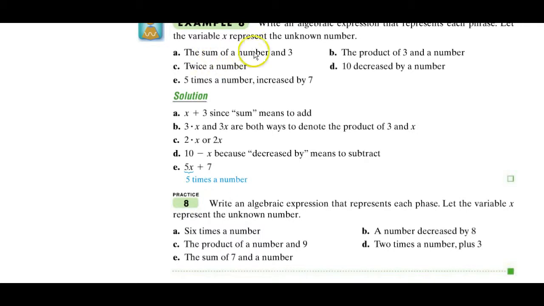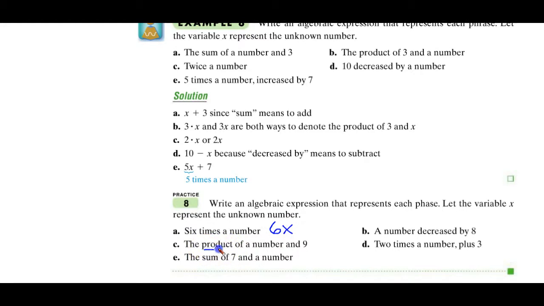So the sum of a number and 3, and they want us to use x for the variable. That's important because sometimes they change the letter. If they say use A, use S, use B, here they're saying use X. And again, read these through. Now these, they don't give us the answers, so let's do those. 6 times a number. Remember, with no sign between them, it indicates multiplication.